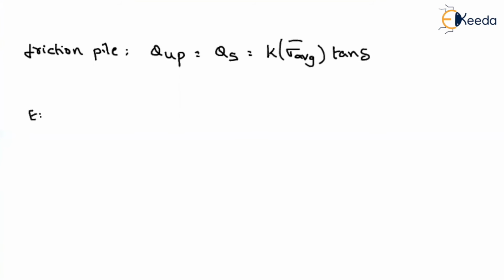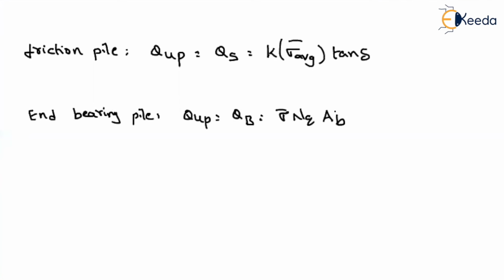Suppose it is an end bearing pile, what will be the ultimate capacity of the pile? That will be equal to QB, the end bearing resistance, which can be written as sigma bar into Nq into end bearing area. Sorry, here we forgot to write down the surface area.